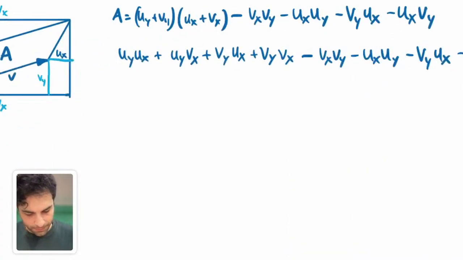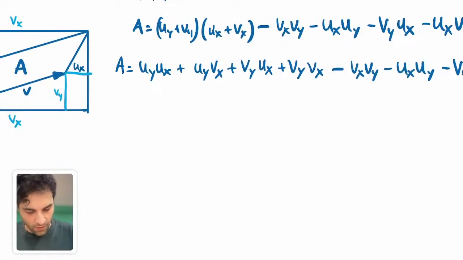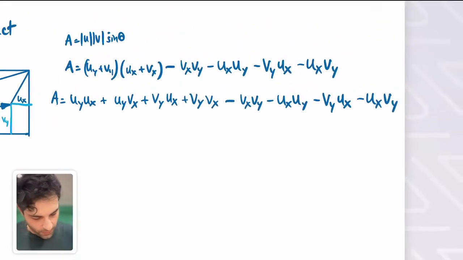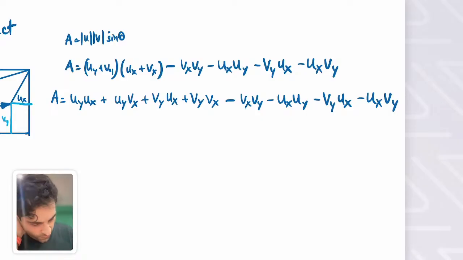Any problems there? You just have to be careful, but then let's look for all the repeats. Vx, do we see that? There it is. Cool. And then Ux, Uy.